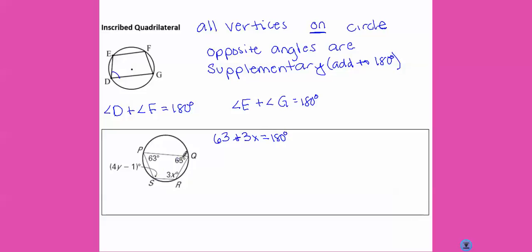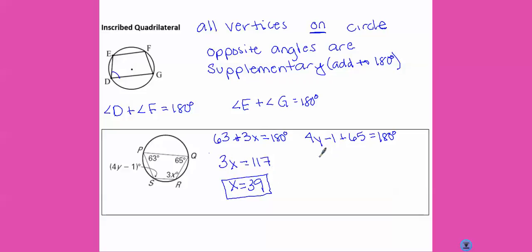And angle S and angle Q, so 4y minus 1 plus 65, would have to also equal 180 degrees. If we subtract the 63, we get 3x equals 117, and x equals 39.